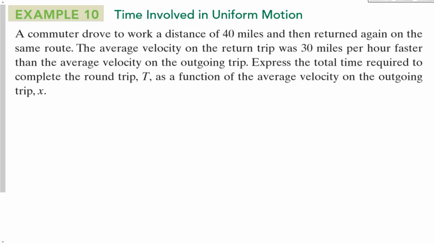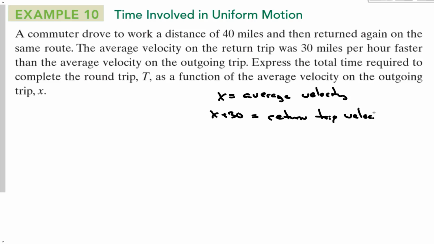So my variable is going to be x, the average velocity. Then x plus 30 would be the return trip velocity, because we're going 30 miles per hour faster.